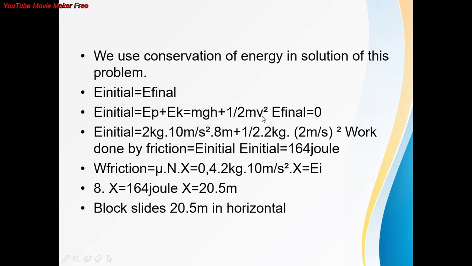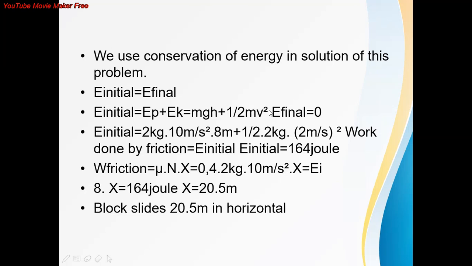If we put the values, we get 2 into 10 into 8, that is mgh, plus 1 by 2 into 2 kg into v, 2 meter per second, squared. When we calculate, we get 164 joules.